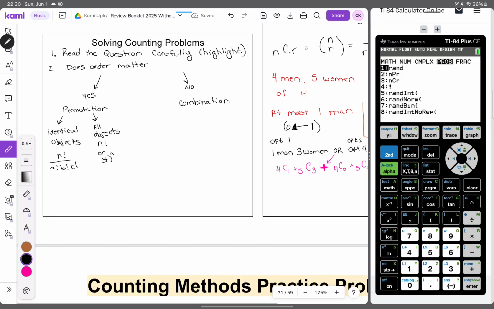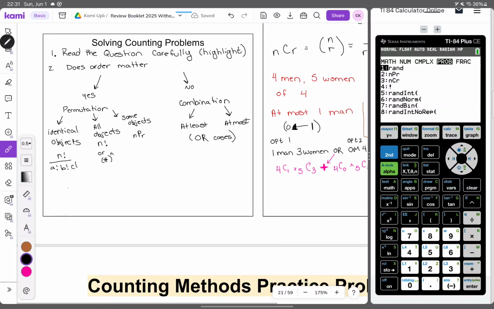All right. Maybe you're only using some objects. In this case, you can use nPr. Right? If it's combination, do we have at least, at most? Do we have to do cases? So we're trying to figure out, do we have or cases where we have to add things together?